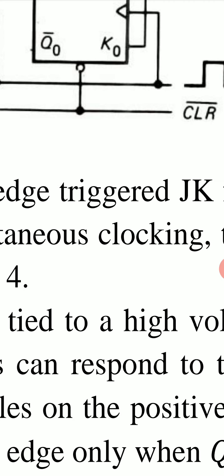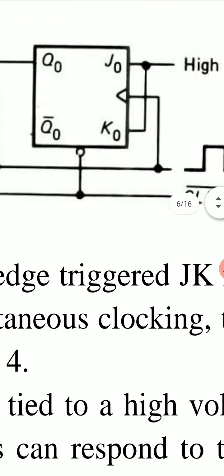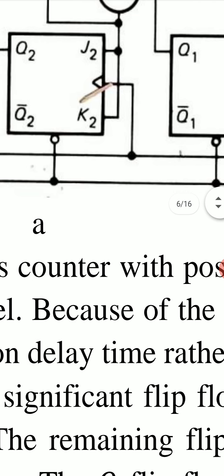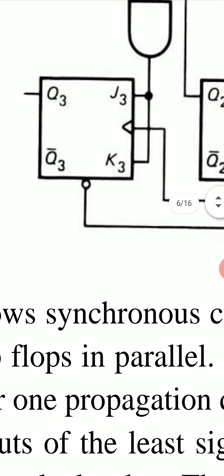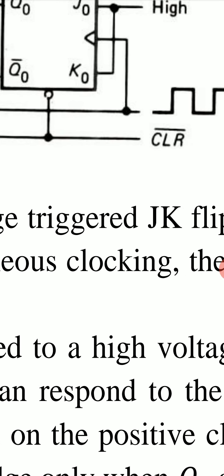It means that if CLR bar is low, then it will be active and do its function. Its function is to clear. To clear means the outputs Q0, Q1, Q2, Q3 all will be 0.